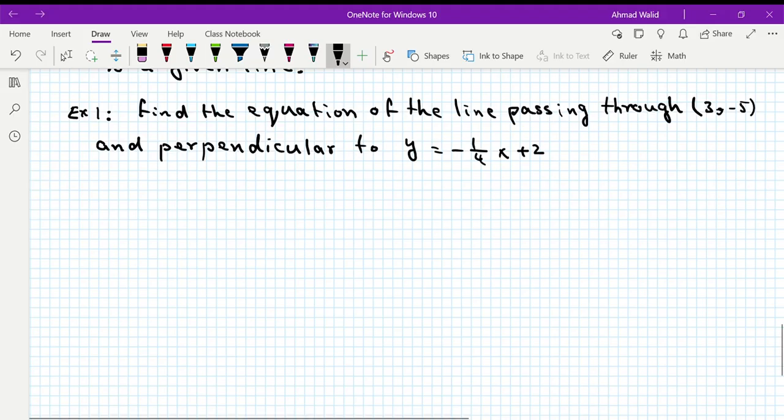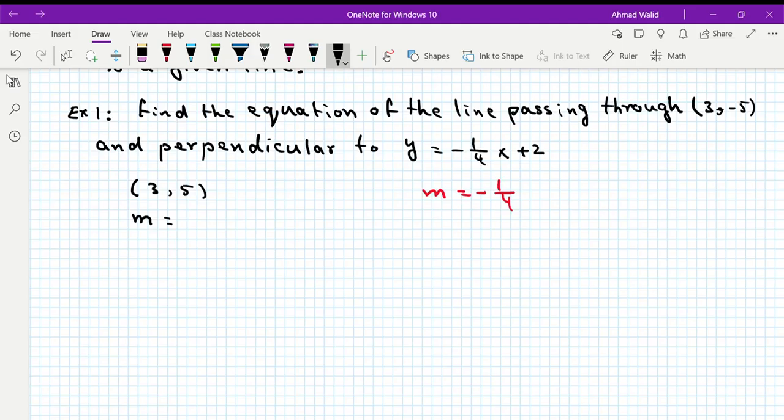What is the first thing? What is the slope of the given line? The slope of the given line is negative 1/4. The point of the other line, which is given, is (3, -5). What is the slope of this line? What was my condition? Their slopes should be opposite reciprocals.